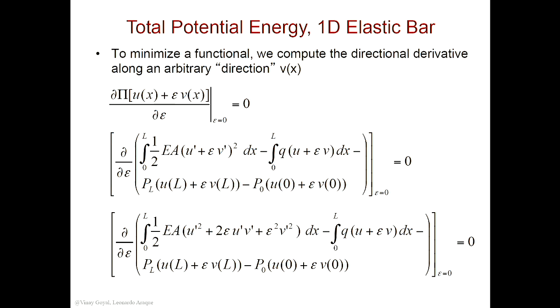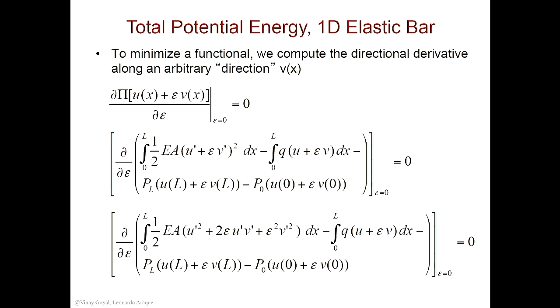For the first term, I have u prime squared plus twice epsilon v prime u prime, plus epsilon squared v prime squared. The other terms are already expanded nicely. Then when I expand everything, I'll take the derivative with respect to epsilon of what I see here.